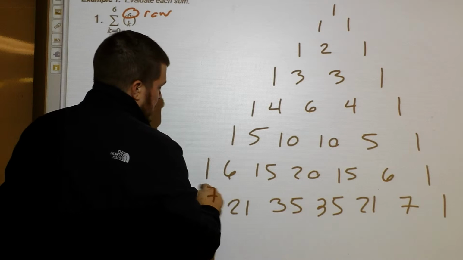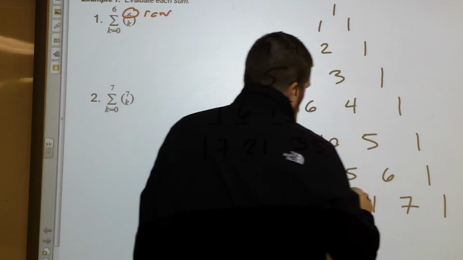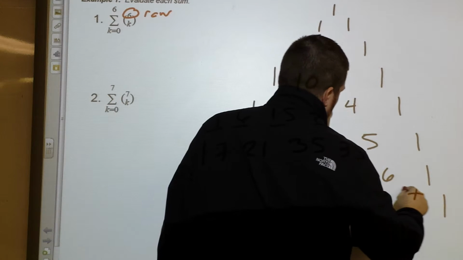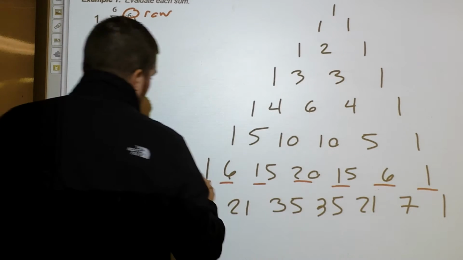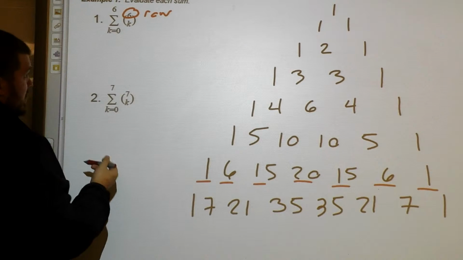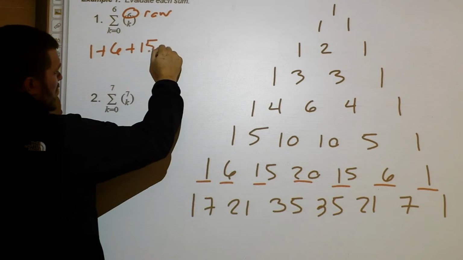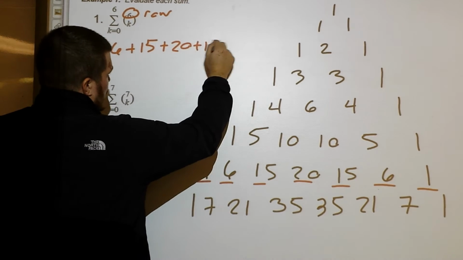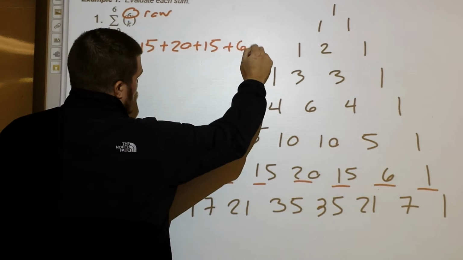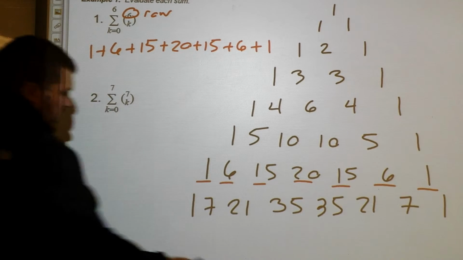So here's the 0 position, 1st, 2nd, 3rd, 4th, 5th, 6th. So that's my sequence that I'm trying to add up. So now for the series, I'm going to just add those numbers. 1 plus 6 plus 15 plus 20 plus 15 plus 6 plus 1.